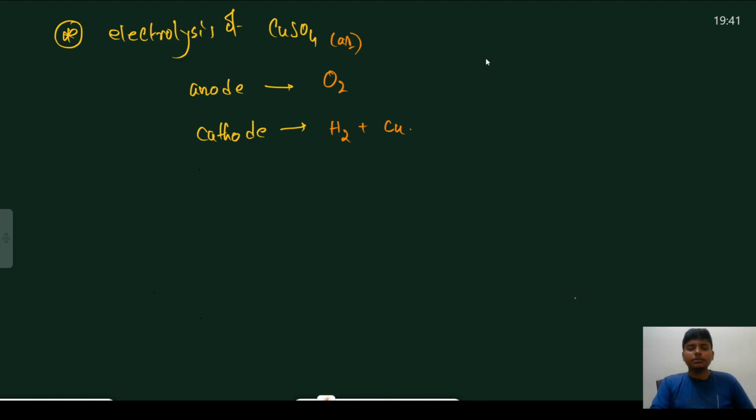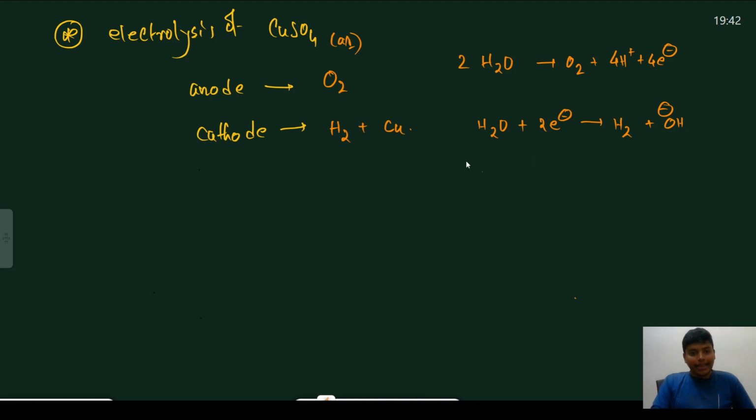Anode is simple: water gives oxygen plus 4H plus plus 4 electrons. This is the anode reaction. The cathode reaction is simply water plus 2 electrons giving hydrogen plus OH minus.